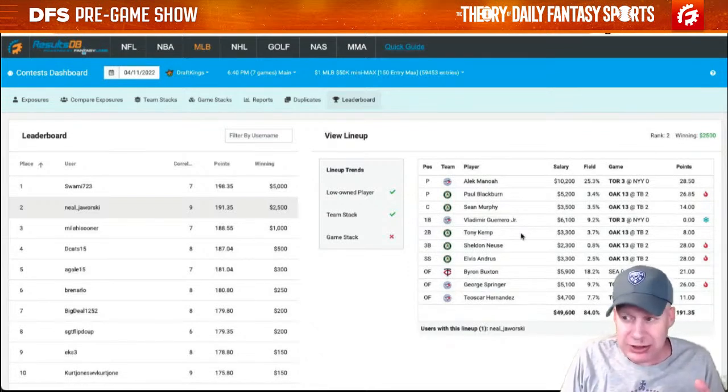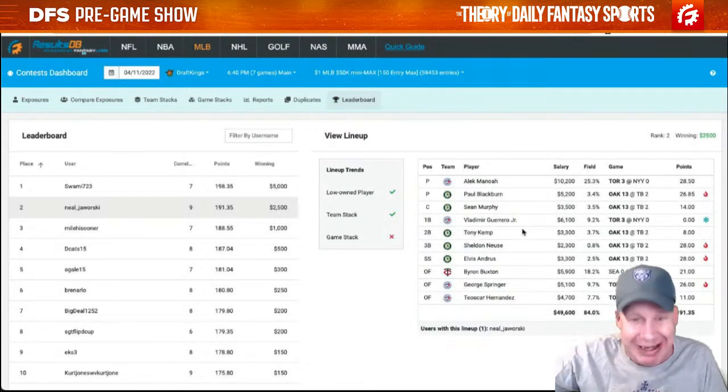NBA is a sport with very limited correlations. You're barely considering correlation when building your lineups. Baseball is a sport with heavy correlations.